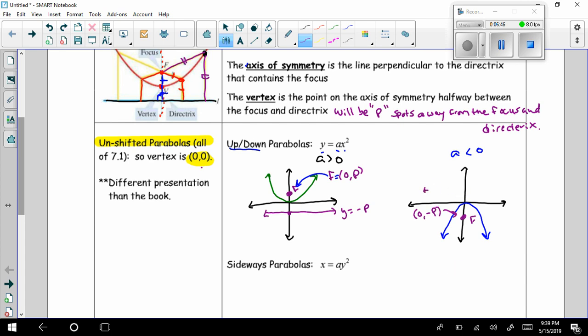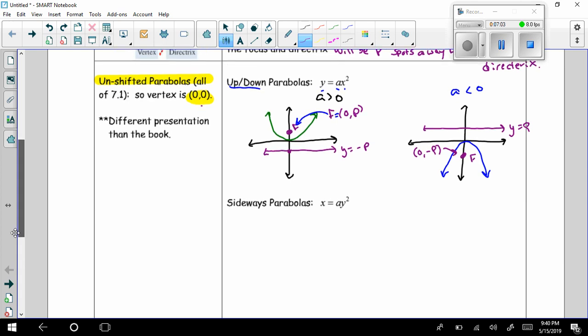So your focus will always be the same direction, and this will be at y equals p. Sorry. Your focus will always be the same direction as the opening of your parabola. Okay, so again, those are the parabolas we've seen before. We're just adding in that directrix and that focus.